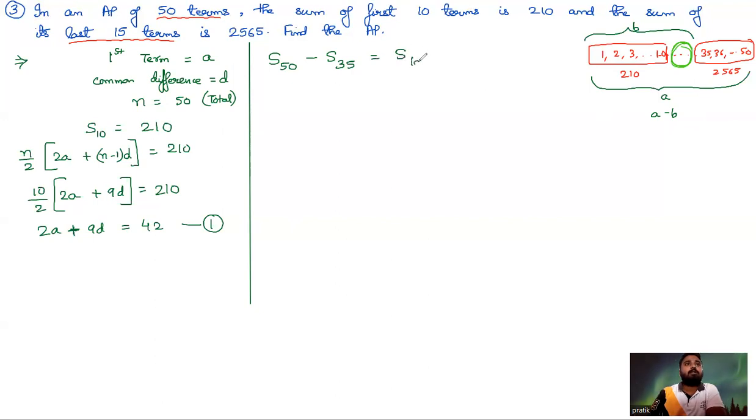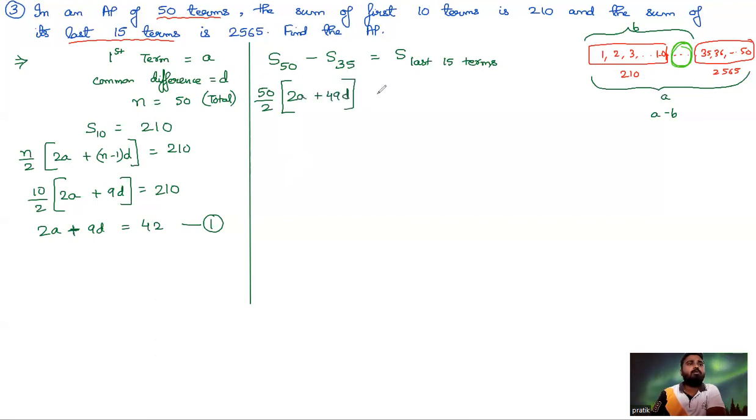So here we have to invest a little time. I'll substitute the values: 50 by 2 into 2a plus 49d.